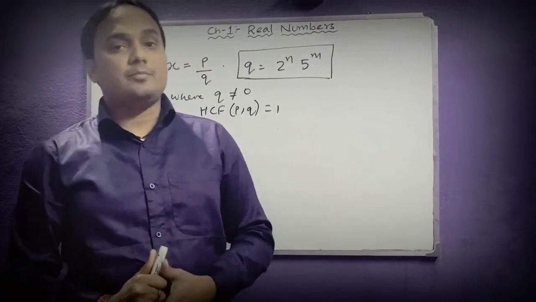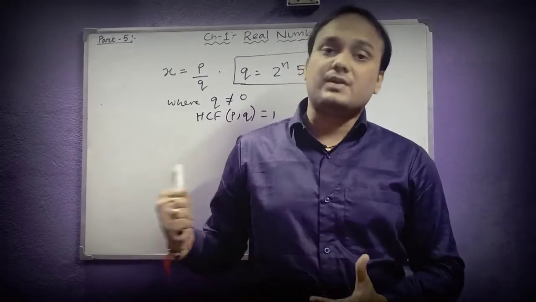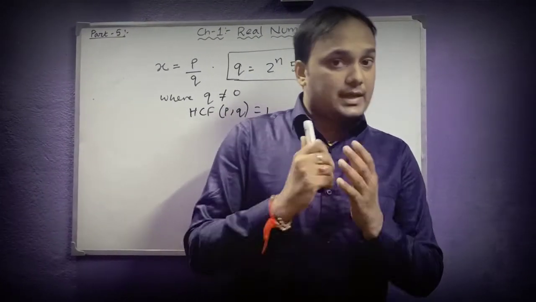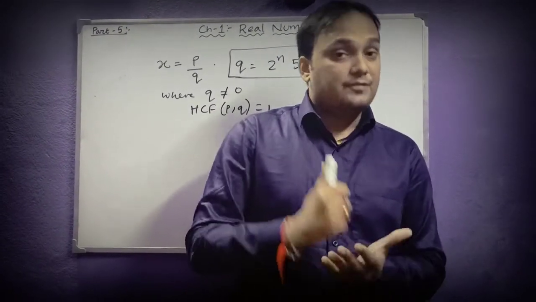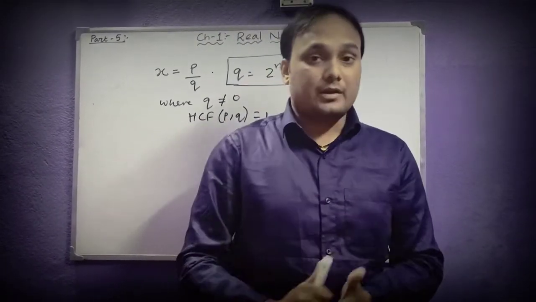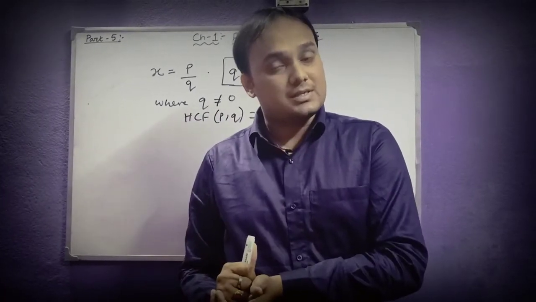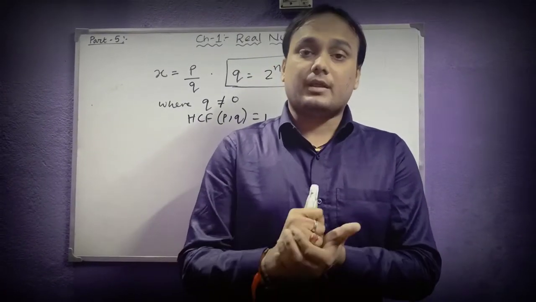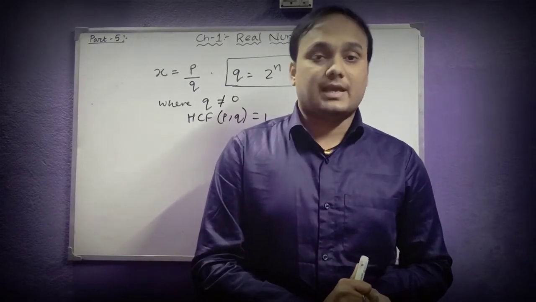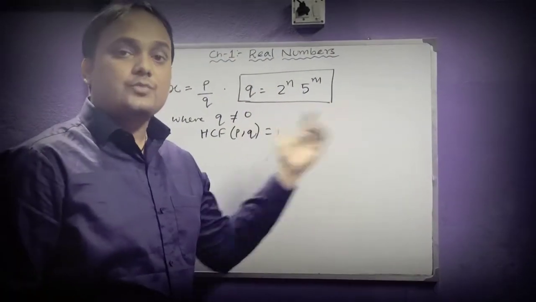The next theorem of this section states just the converse of this. That is, if x is a rational number which can be expressed in p by q form, where q is not equal to 0 and p and q are co-prime numbers, then q can be expressed as the prime factorization of the same form, 2 to the power n into 5 to the power m.